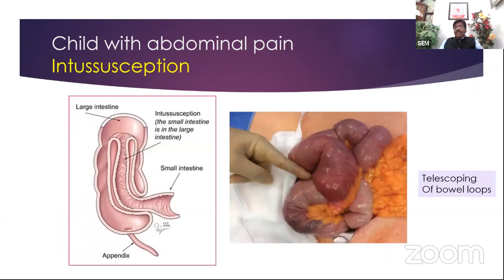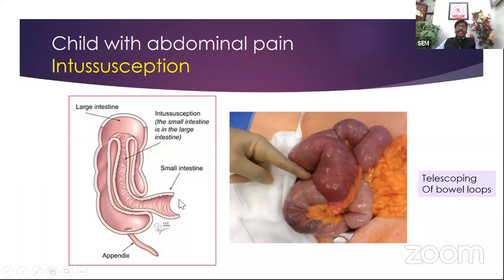Next important differential diagnosis in children is intussusception. What is intussusception? If anybody asks you, simply tell them: telescoping of the bowel. The proximal bowel, that is the ileum, goes into the large intestine, into the cecum.